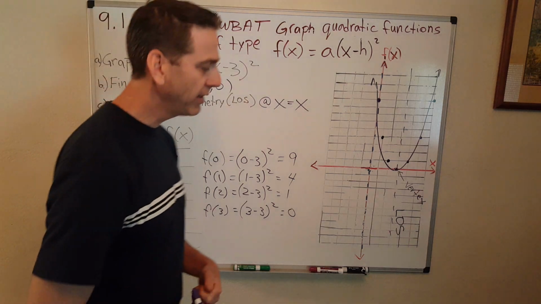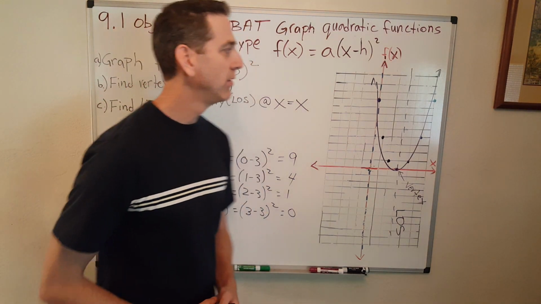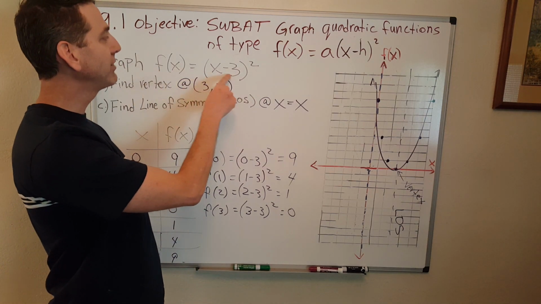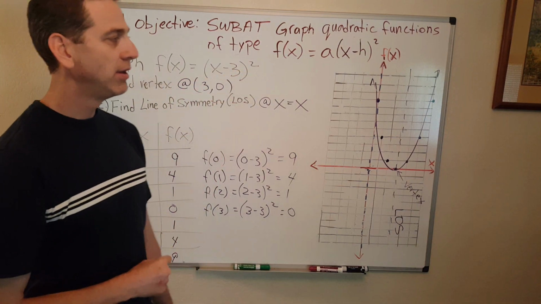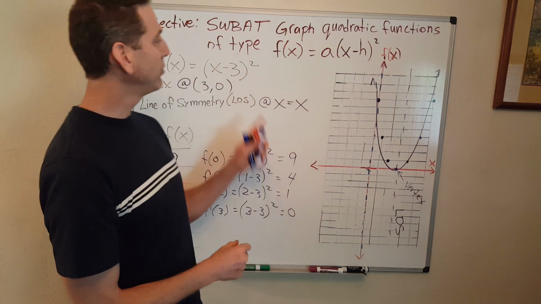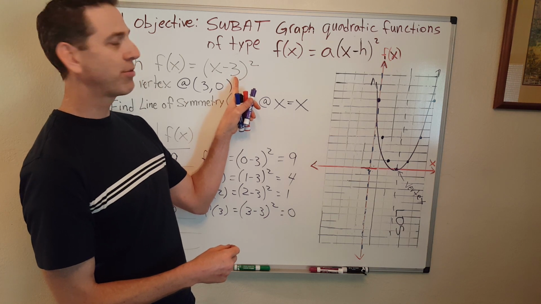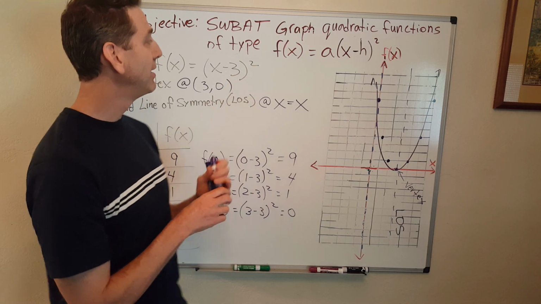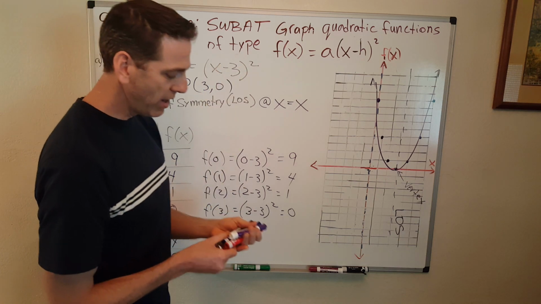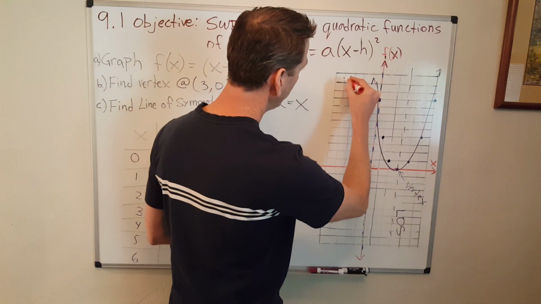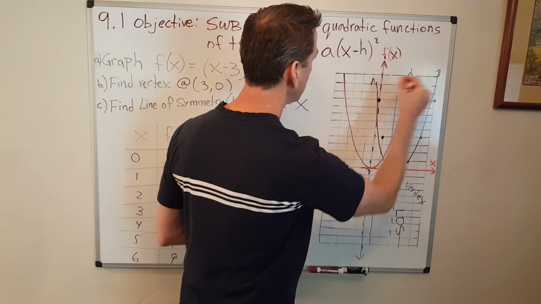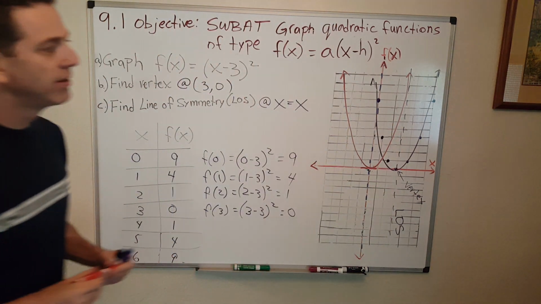Okay, so now let's make an observation. So this was my original function. F of x equals x minus 3 squared. What happened to my parabola as a result of that little 3 there? Because if that 3 wasn't there, if it was just x squared, my graph would have looked something like this. All right?